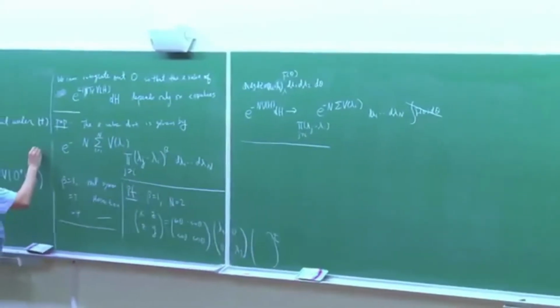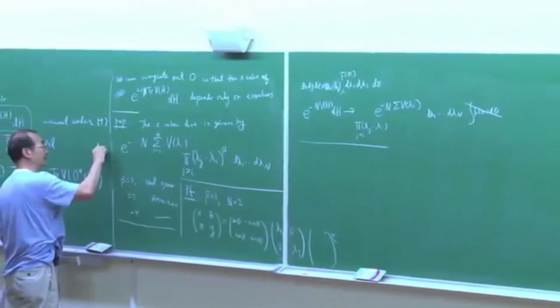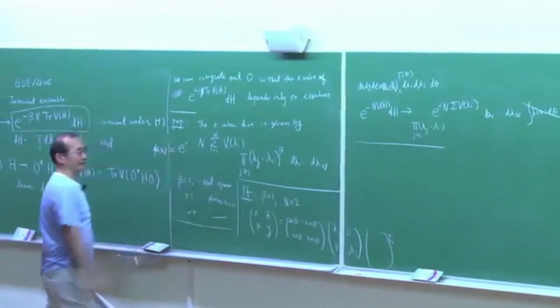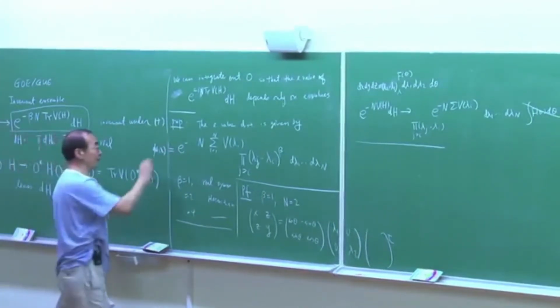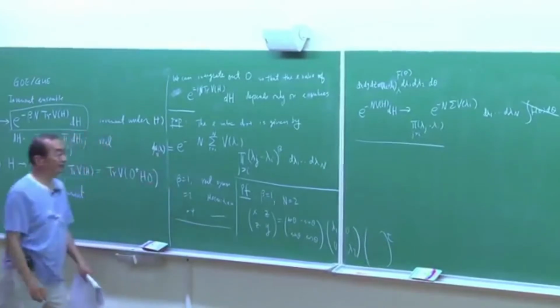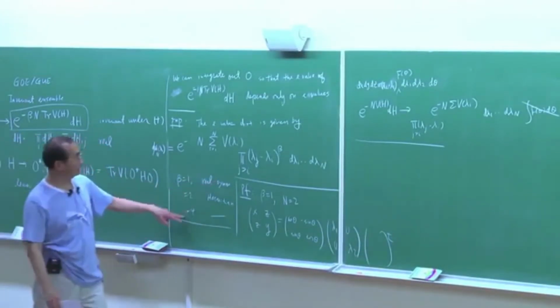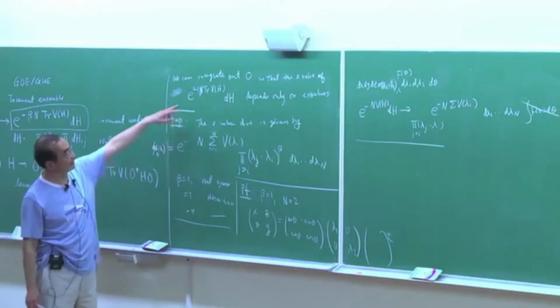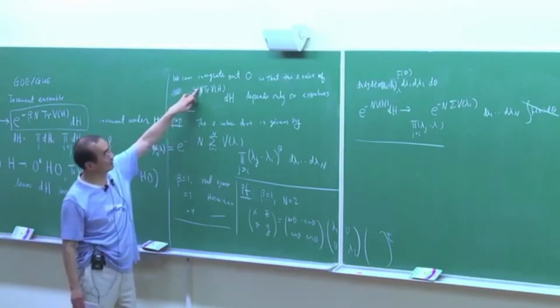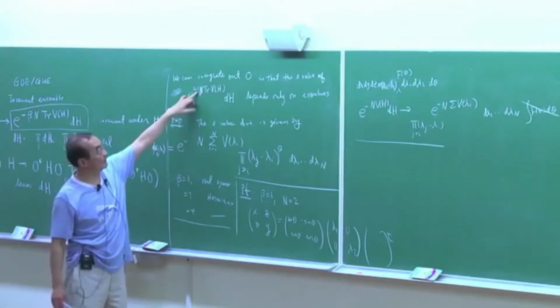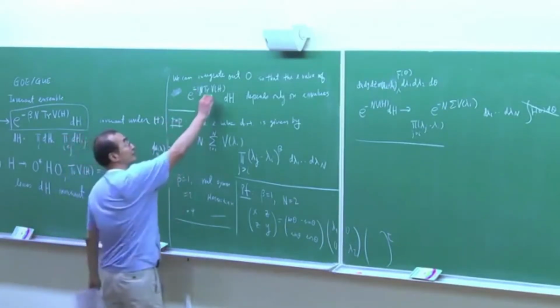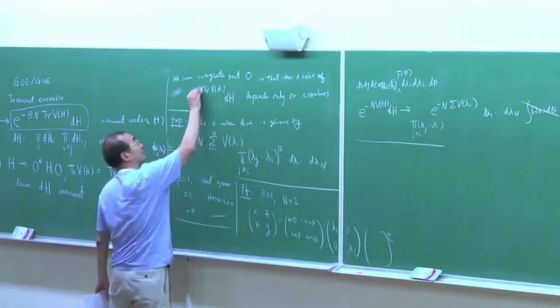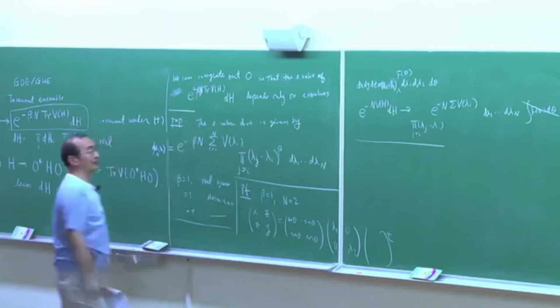you study this matrix distribution D mu of lambda like that. Of course, this depends on n. And this beta equal to 1, 2, 4 has a special meaning. The standard convention is you put the beta here in the problem. So this is the standard convention.